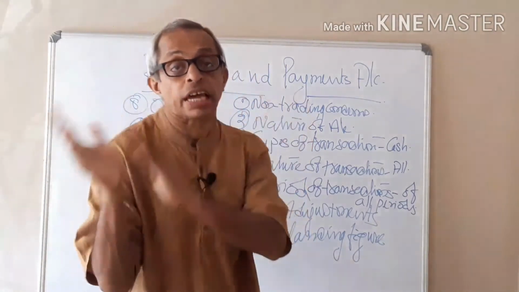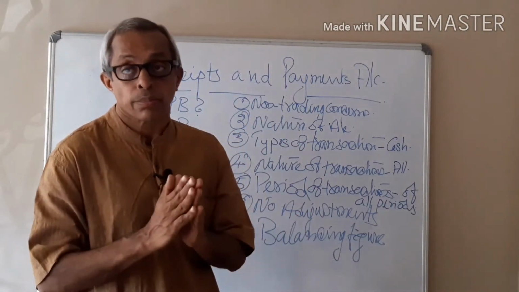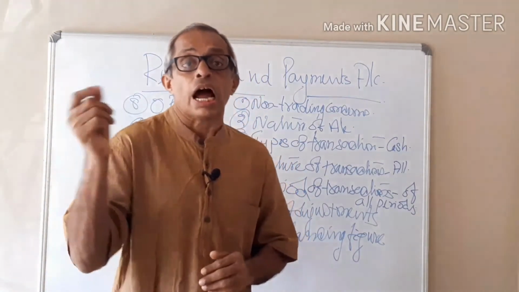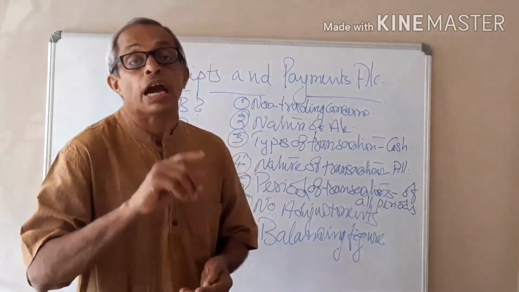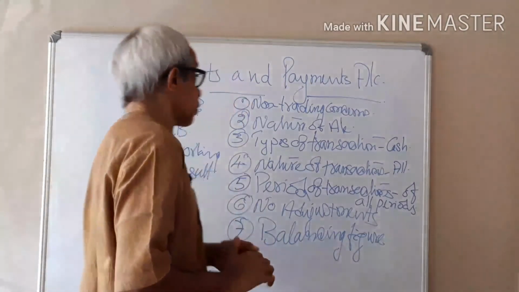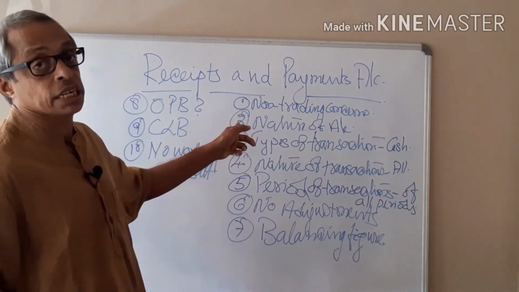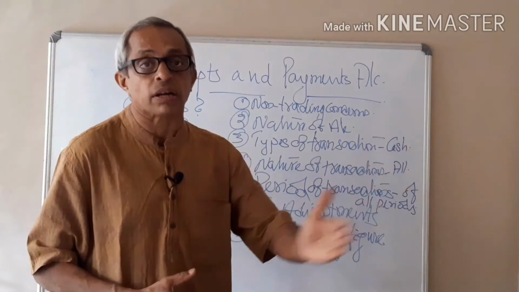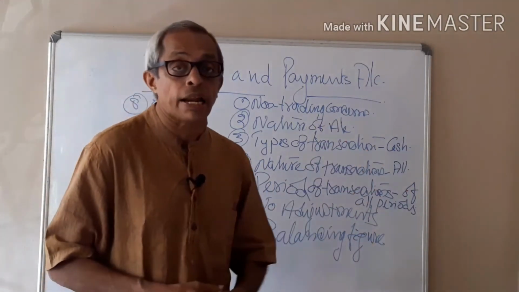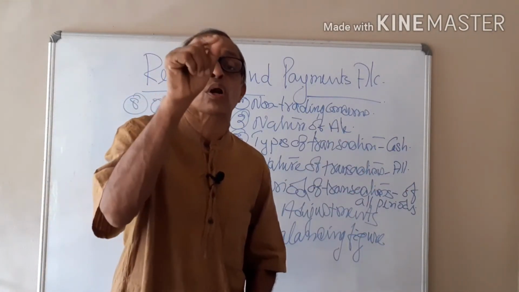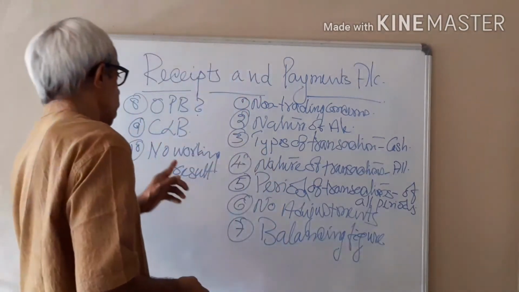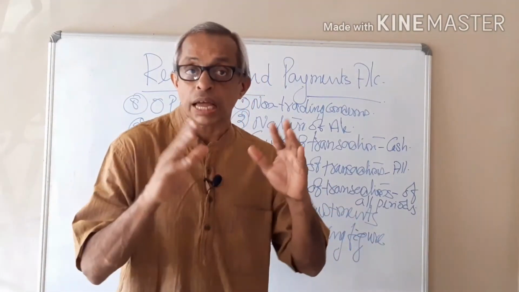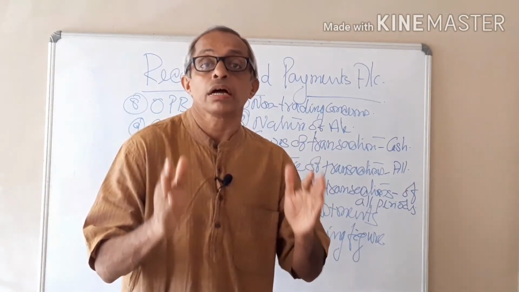When the debit side is higher than the credit side, the balancing figure will appear on the credit side, and the same will be carried down and brought down to the next financial year. If the business concern is a continuing one, then there will be an opening balance, shown as the first item on the debit side, and it shows not the working result but the actual cash and bank balance.